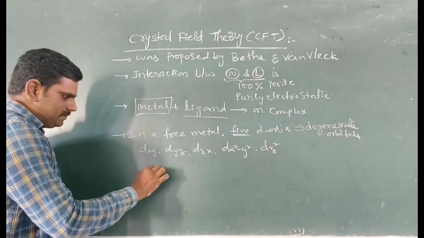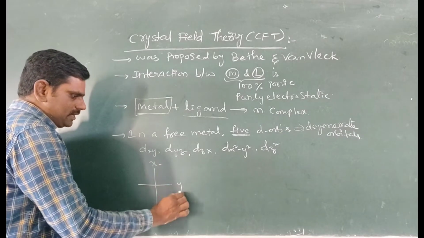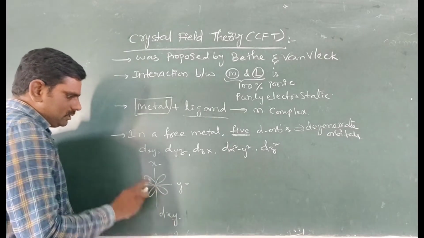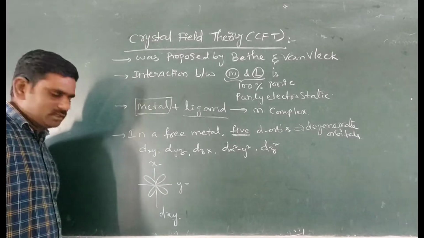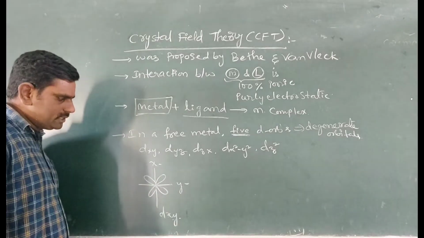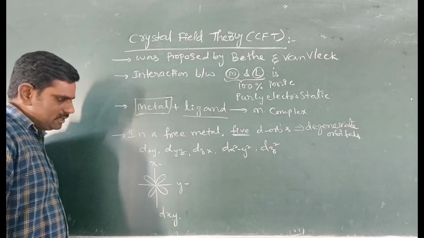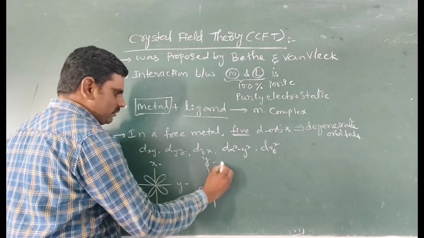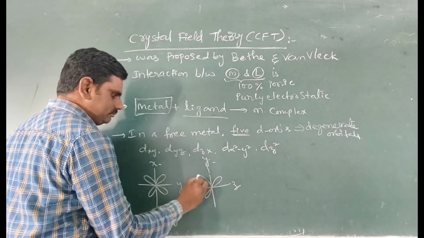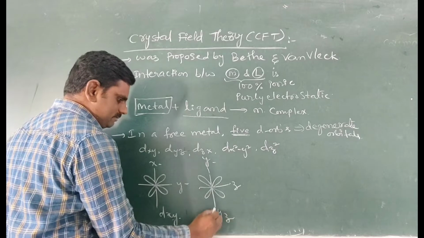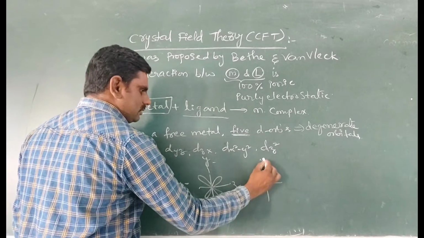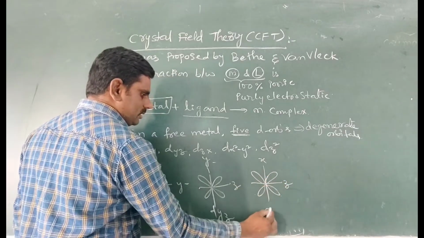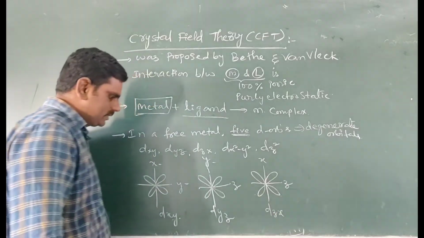How are they located? If it is the x-axis and the y-axis, then it is called dxy. These double dumbbell lobes are lying in between the axes. And if it is the y and z axes, it is dyz. If it is the x axis and the z axis, it is dzx or dxz.